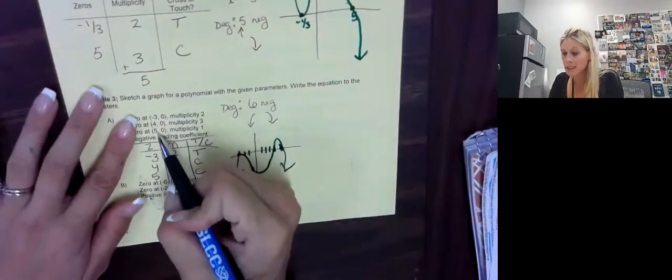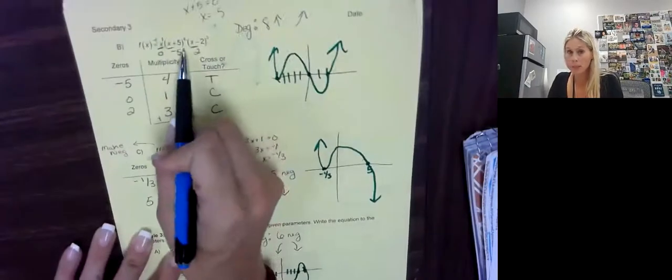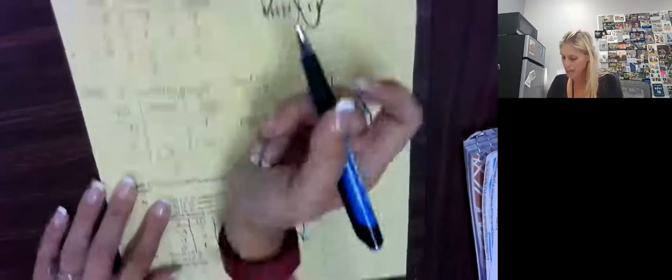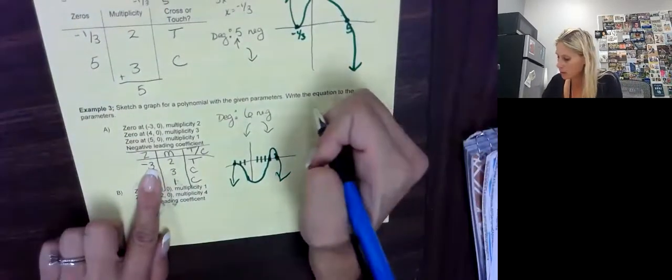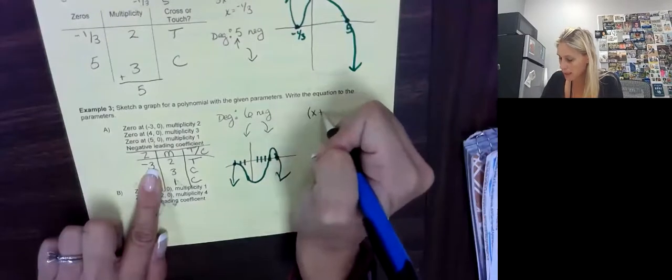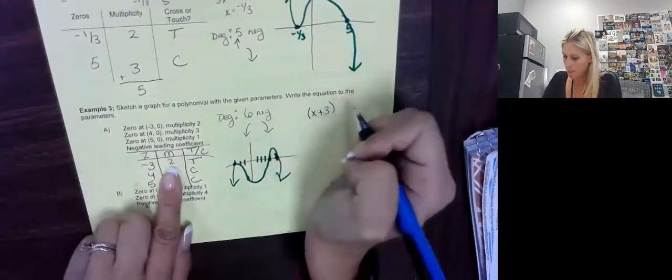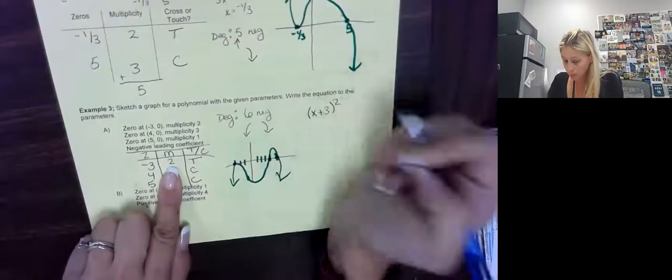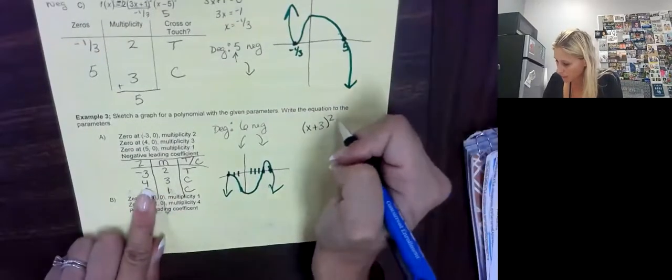Now, when you're writing the equation, be careful, because remember, these are the zeros. And if you remember from up here, we're going to look at the opposite. So even though my 0 is -3, I'm going to write x plus 3. And that multiplicity is 2. Right here, the 0 is 4.